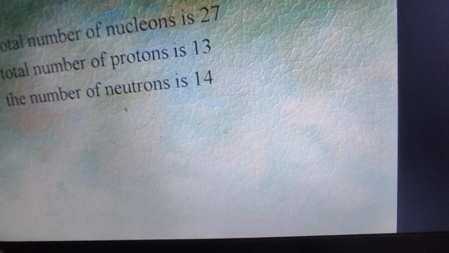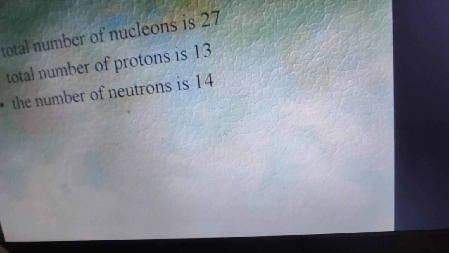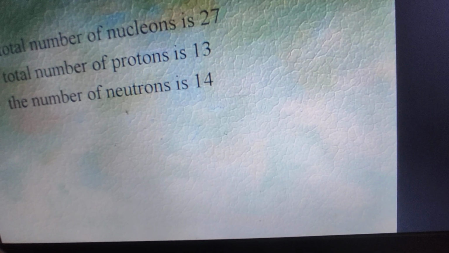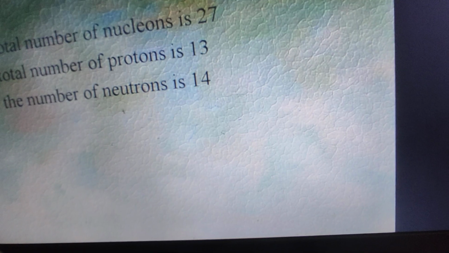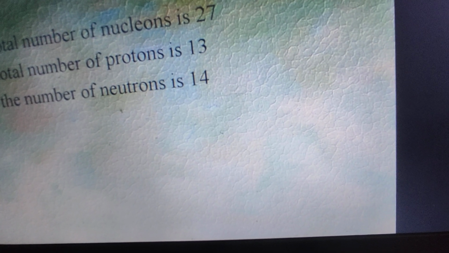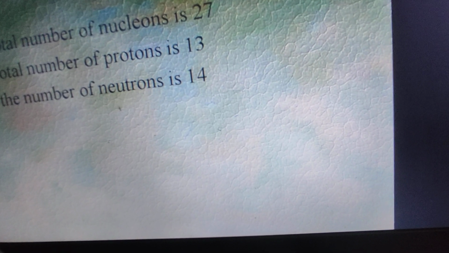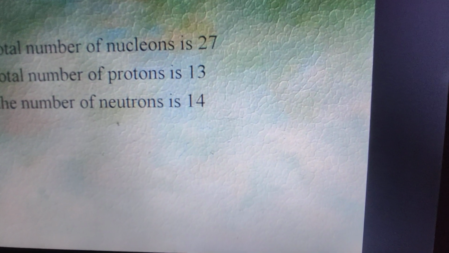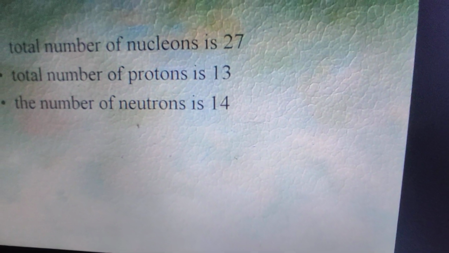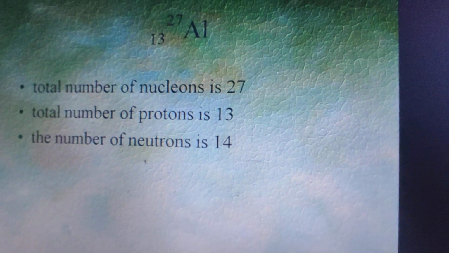When you add the proton number and the neutron number, you get the atomic mass number. To determine the neutron number, subtract the proton number from the atomic mass number: A minus Z gives you N, the total number of neutrons.